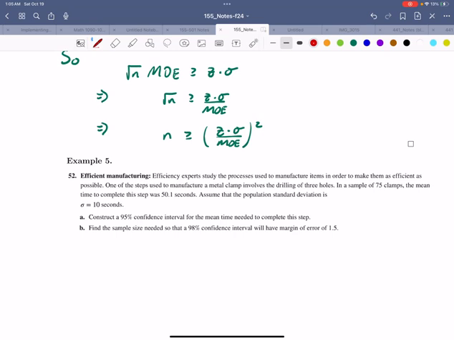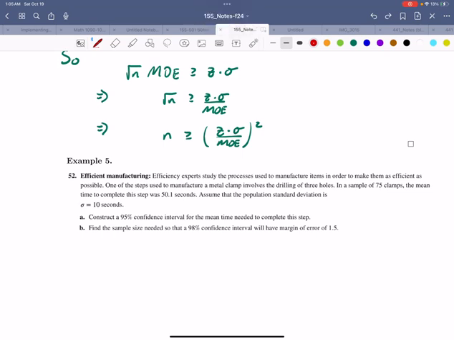All right, let's see. We've got a sample of 75 clamps. Mean time is 50.1. Standard deviation sigma, 95% confidence interval. Should not be so bad. Again, Minitab, use the data.